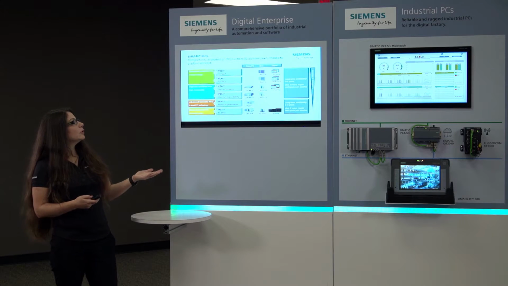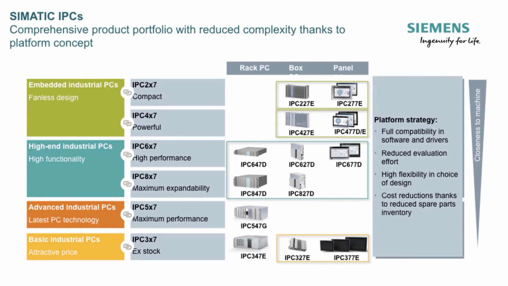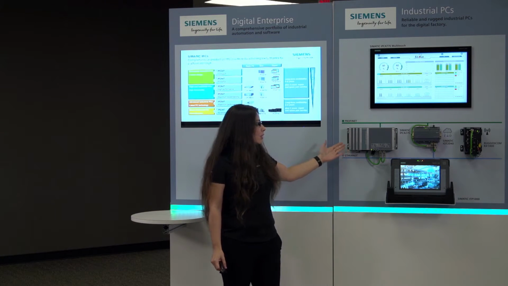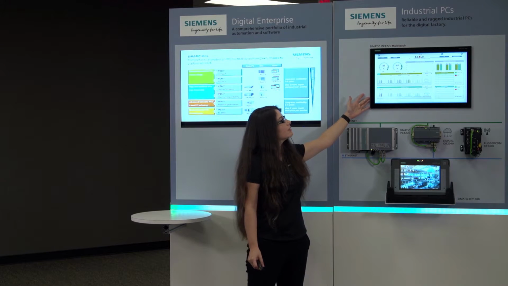Talking about our portfolio, we have different products for different applications. We have IPCs that you can install closest to the machine, and others more for enterprise environments, for example when you need higher performance or expandability in your applications. We have the embedded portfolio that you can see. We have the 400 series, the IPC427E and the IPC477E.